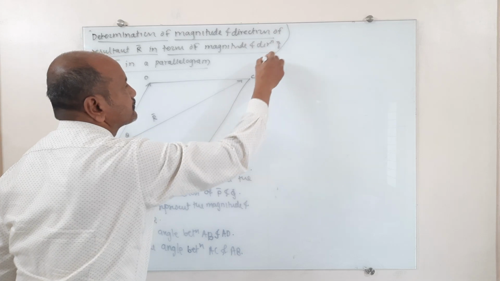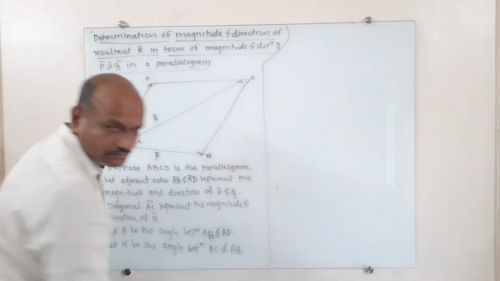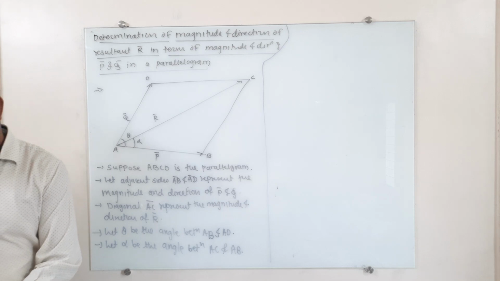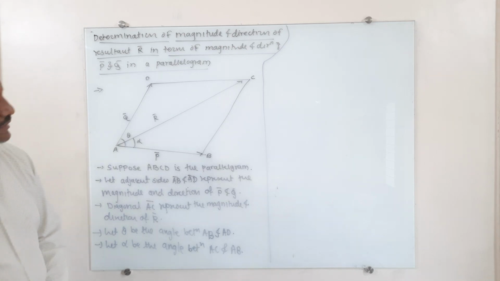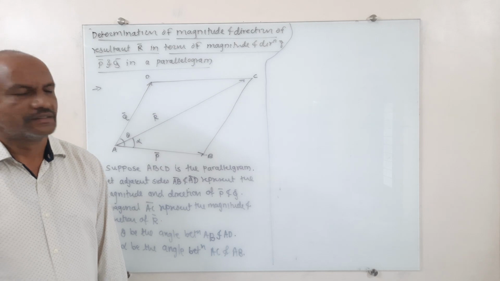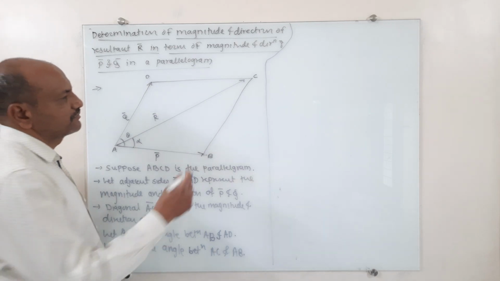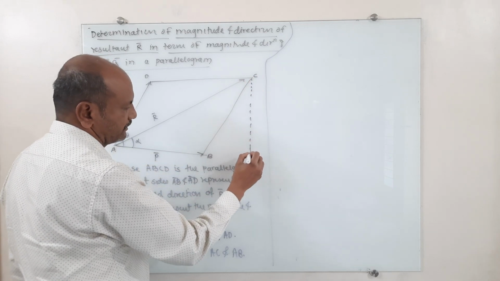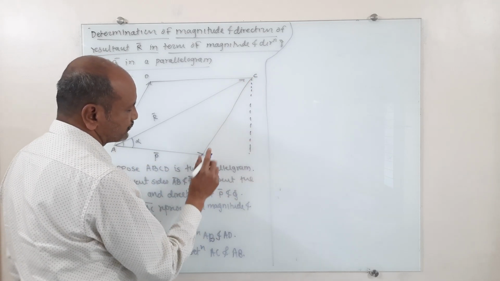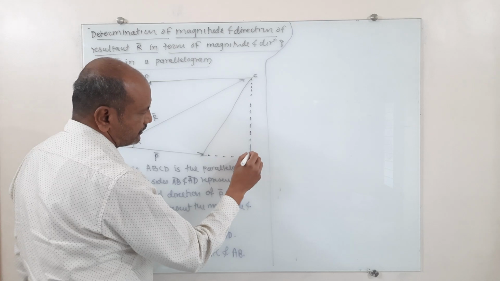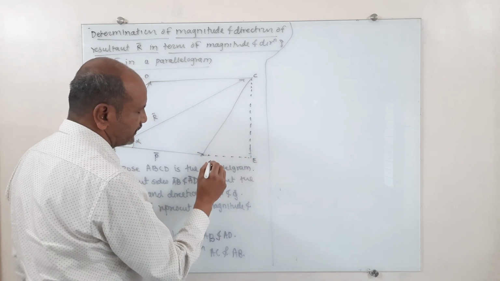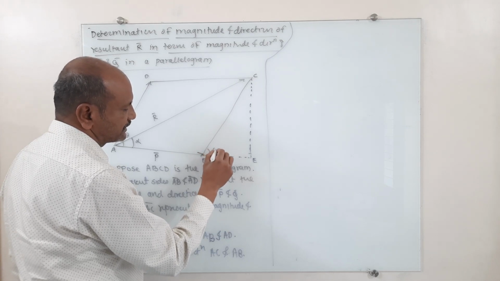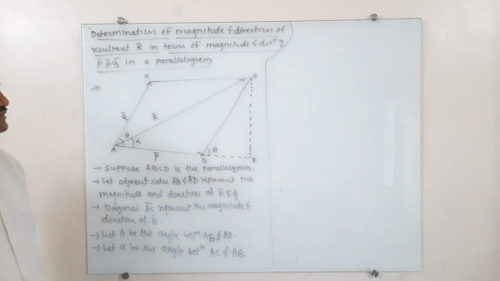Draw normal CE to AB produced. Therefore, this angle is also theta.